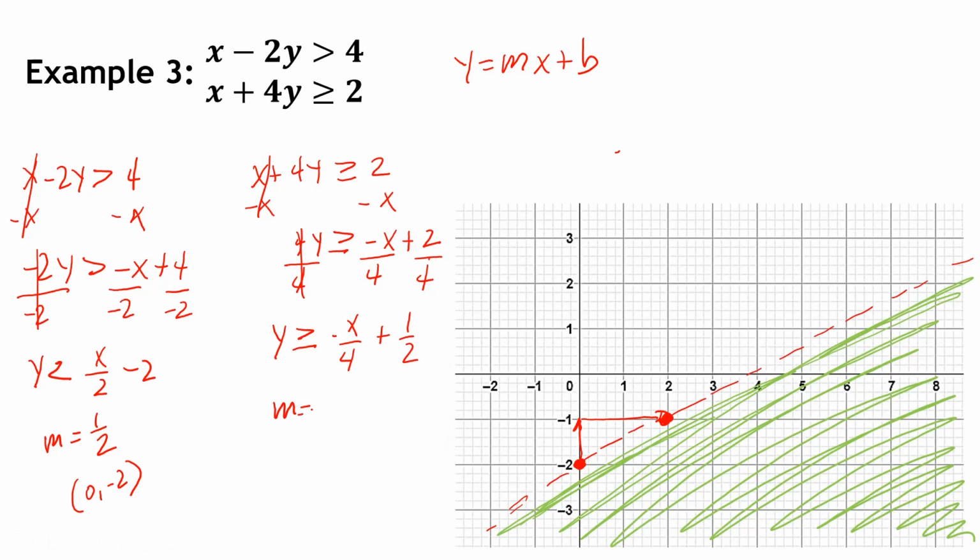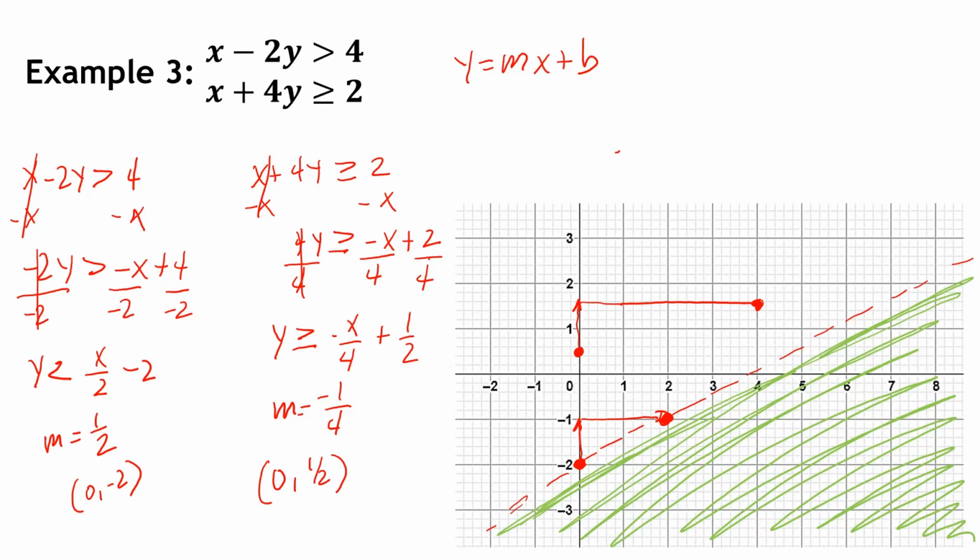So our slope here is negative 1 over 4, and our y-intercept is at 0 and 1/2. 0 and 1/2 is right here. And then negative 1 unit up, it's here, and then 4 units to the right side, so 1, 2, 3, 4. There's your other point.